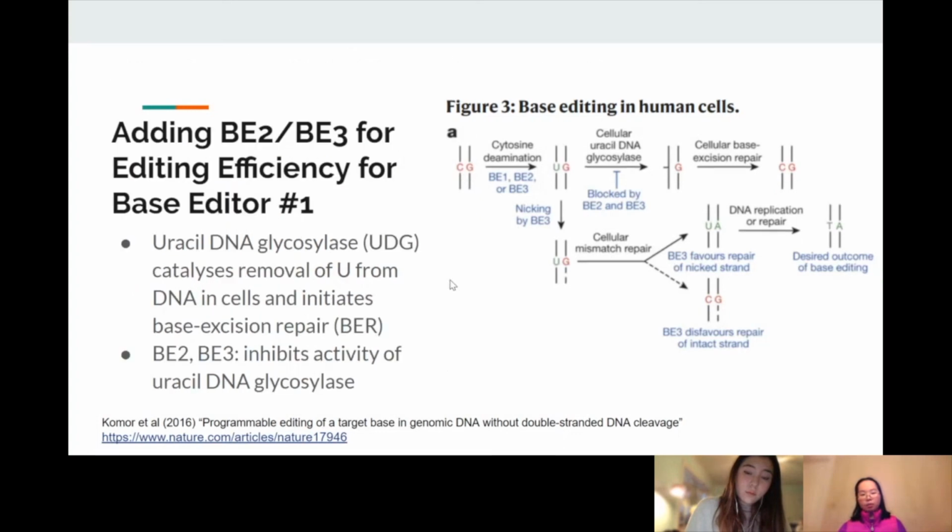So the reason why the previous one, BE2 and BE3 and the blockage of the uracil DNA glycosylase, is only for base editor 1 is because this specifically works on the removal of a U, and the U is not involved in the second base editor from AT to GC. It's only involved in the first.